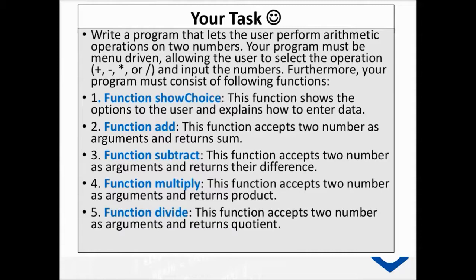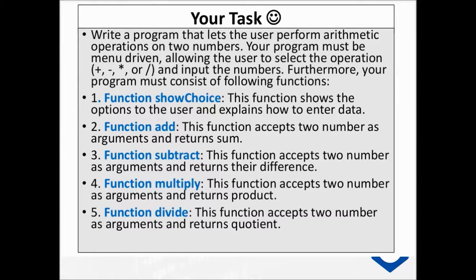First function is show choice. This function shows the options to the user and explains how to enter data. Second function is used to add the values. This function accepts two numbers as arguments and returns their sum. Third function is subtract.